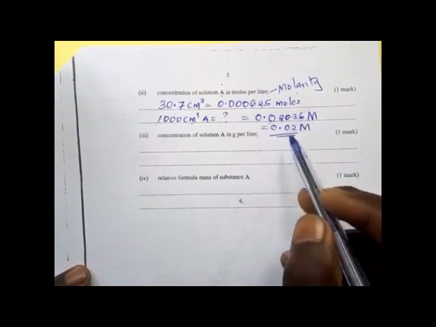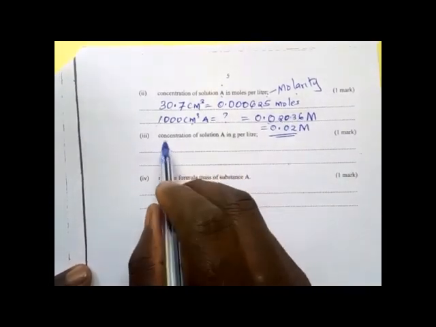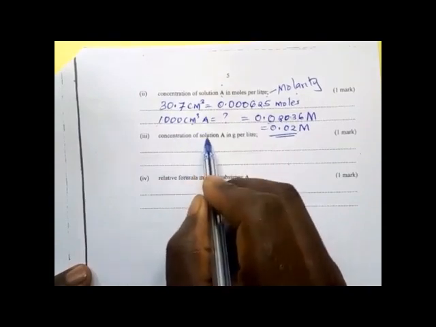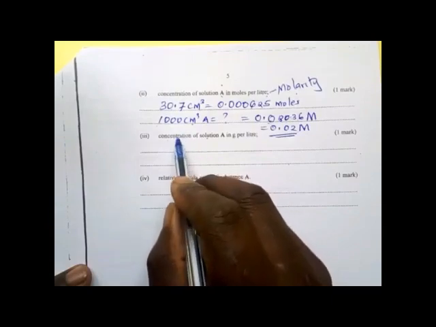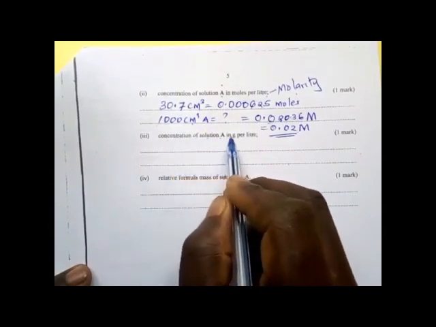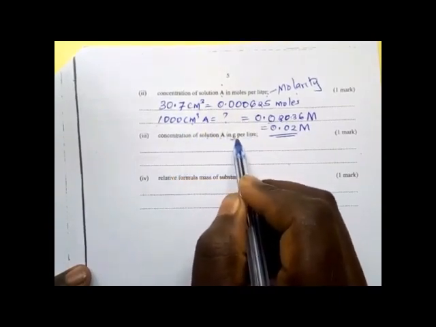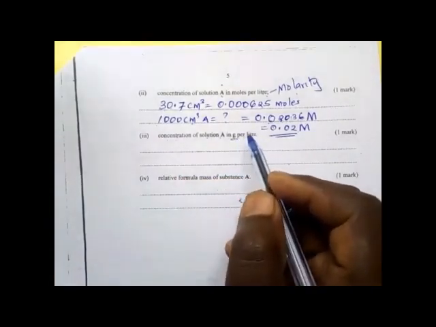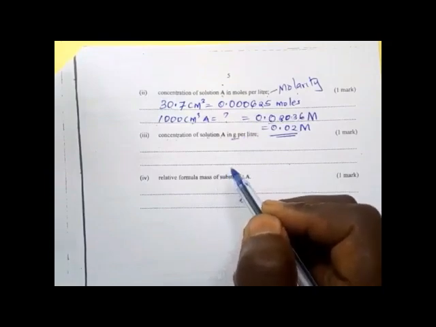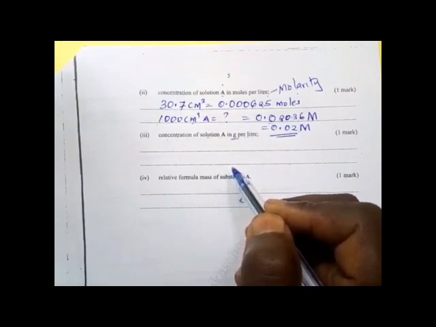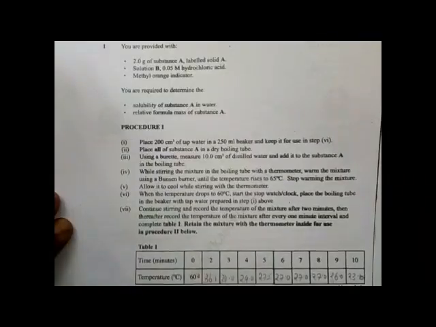Calculate the concentration of solution A in grams per liter. That one is very easy. And why is it very easy? We go back to what we were provided. We check what was the mass that we were given.